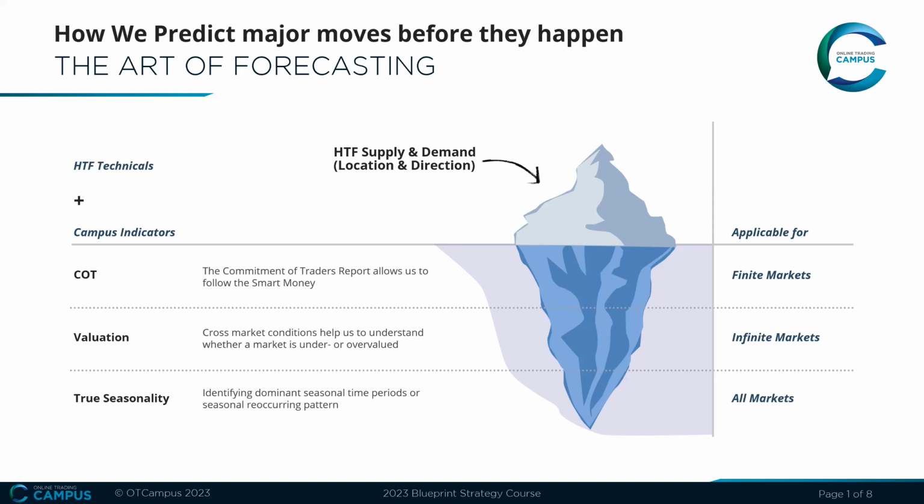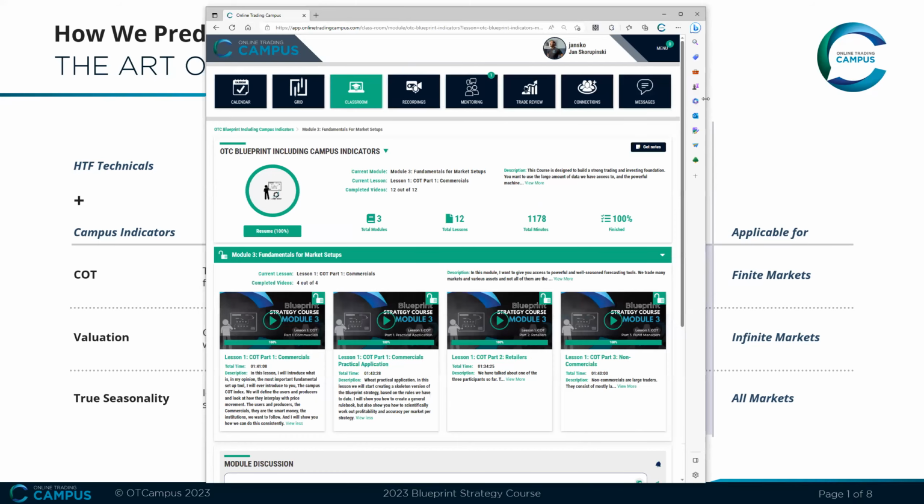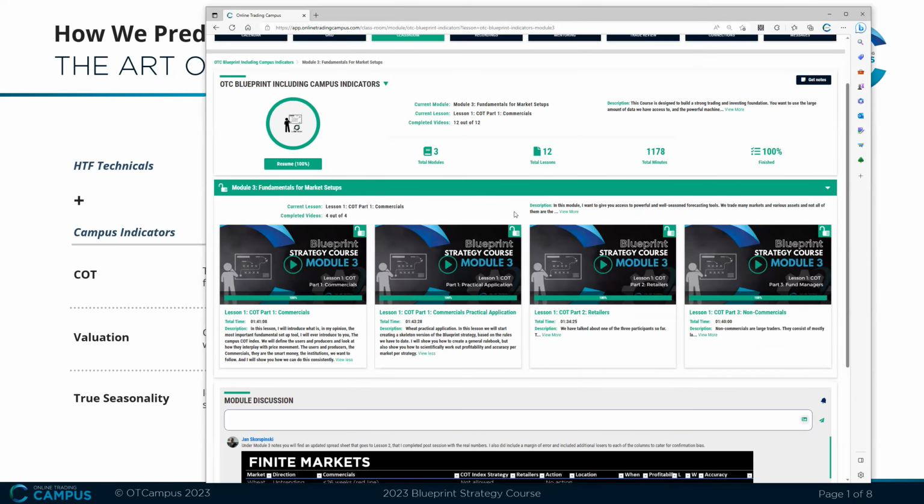A very good example here is Palladium, which we analyzed the commercials on. And based on the commercials, multi-year historical extreme and accumulation, we forecasted a major rally in Palladium. If you want to go back to the date when we looked at this, this was 4 sessions ago or 5 sessions ago.